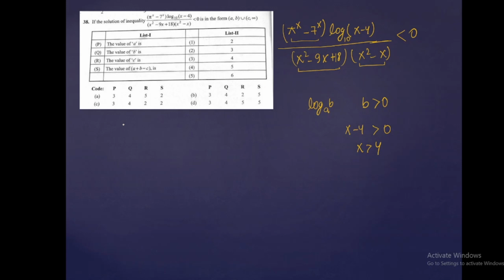So again, we know the value of pi is 3.14, and the value of 7. One thing that you know is that this is an increasing function, right? So here the value of x is greater than 4.